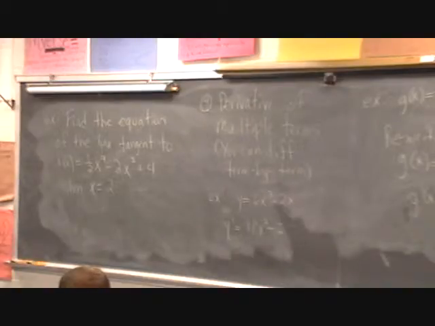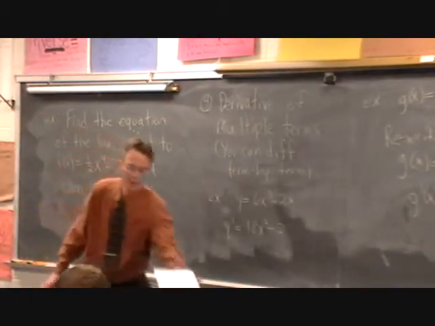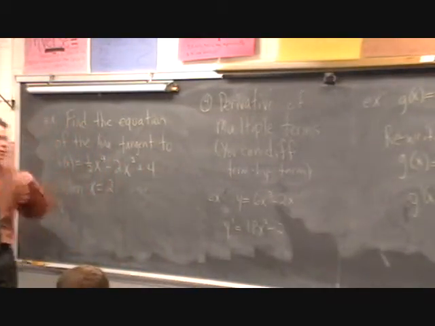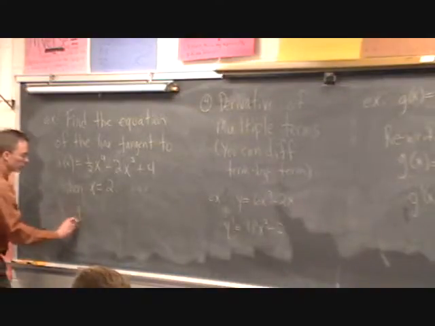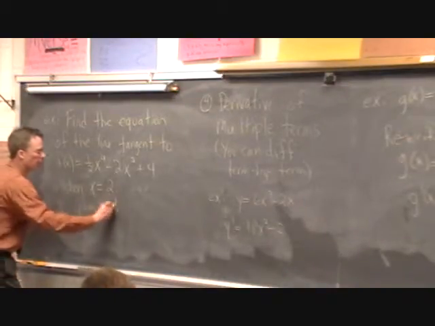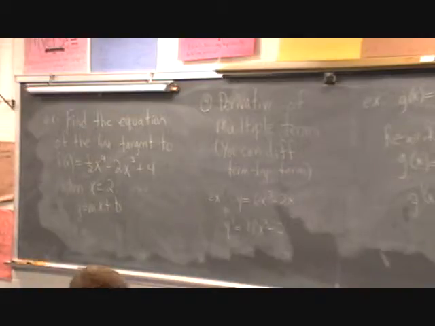So our answer is going to be what kind of answer here? Slope intercept form, yeah. y equals mx plus b. That's at least how you can write the equation of a line.